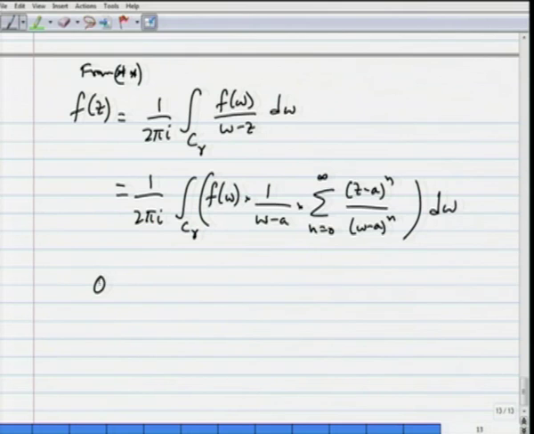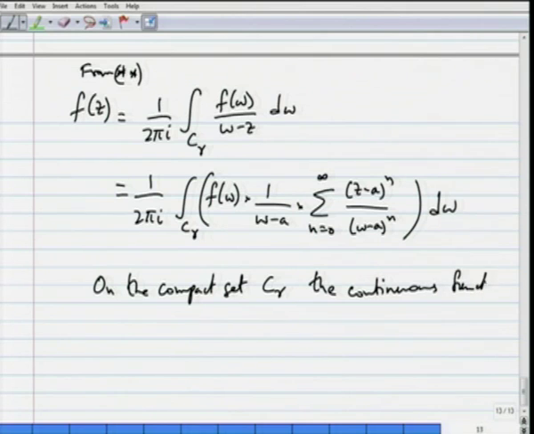On the compact set C r, the trace of C r, the continuous function f of w, okay, f is bounded. It is actually analytic. So, it is definitely continuous and it is bounded. Okay.